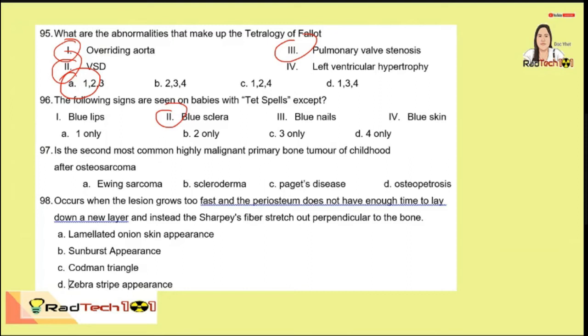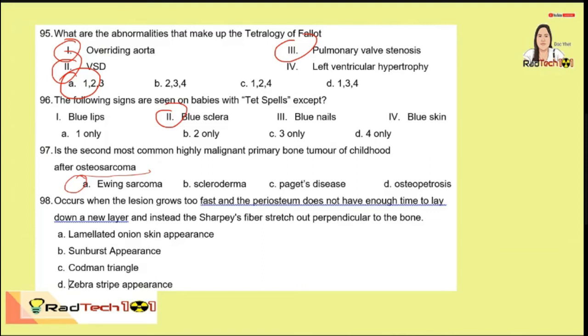97, the second most common highly malignant primary bone tumor of childhood after osteosarcoma is A, the Ewing sarcoma. So ang first is osteosarcoma. Common siya sa bone tumors ng bata and then followed by Ewing sarcoma. So yung scleroderma, it is a rare disease, yung hardening and tightening of the skin.